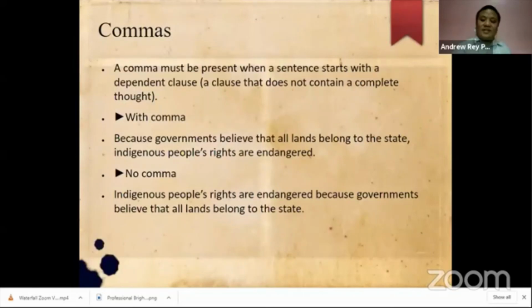Okay, in the first example, because you started with the word because, you need to put a comma. But in the second example, because you started with a complete clause or independent clause, you should not put a comma. Okay, so that's the difference in terms of using a comma.